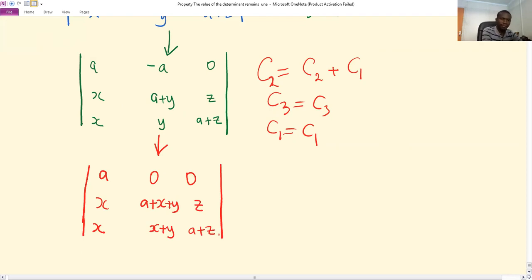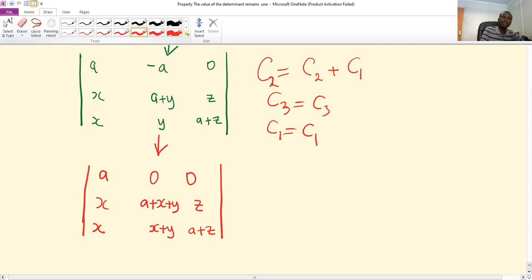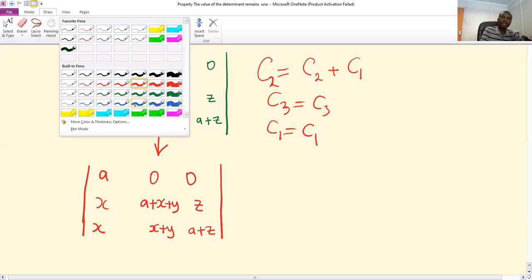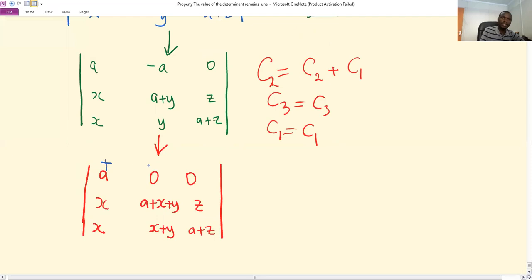That's what we have. Now, because we have two zeros on the first row, let's use cofactor expansion to find the determinant. The signs here are plus, minus, plus.